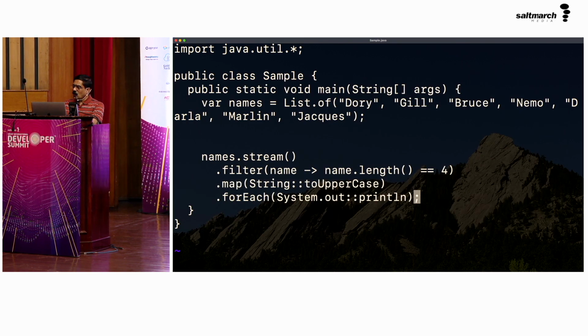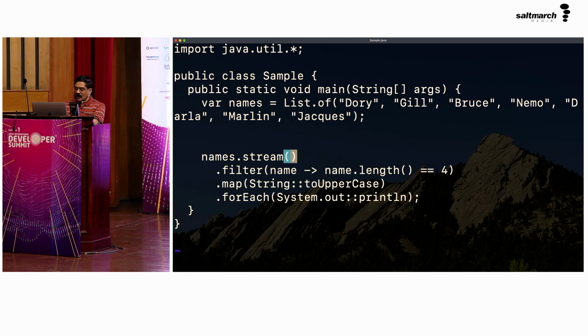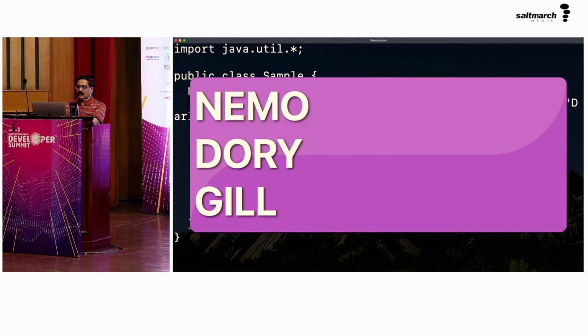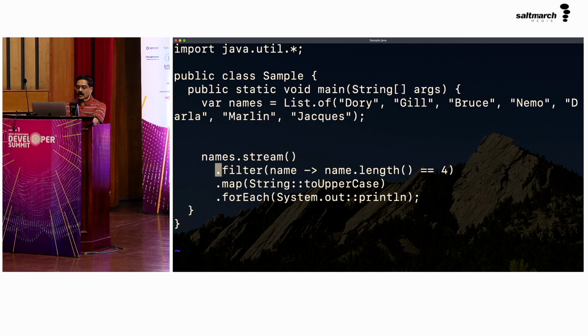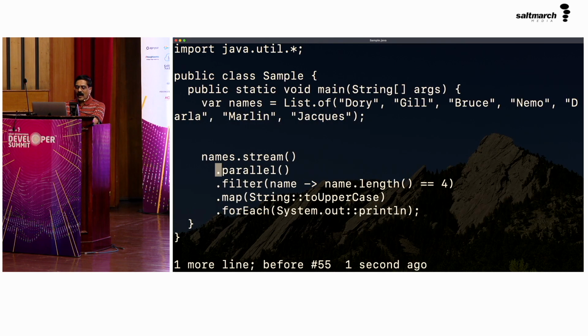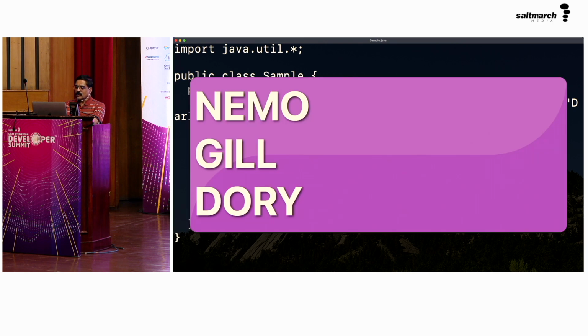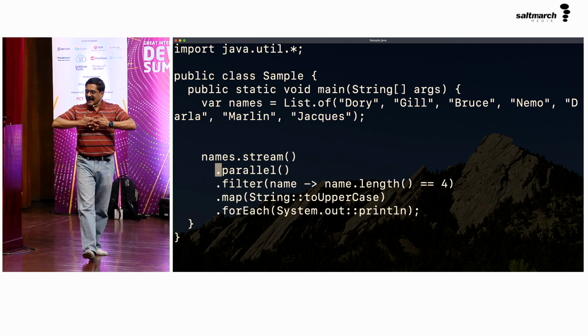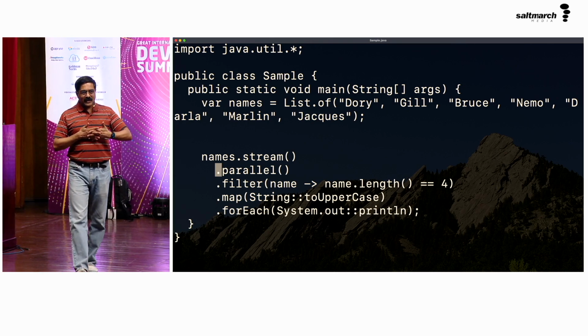But you say, no, I want to run this in parallel. So what do you do? You take that exact code, you do .parallel, and now you can run that in parallel rather than sequential. So you remove that, it's sequential. You add that one line, it's parallel. So the structure of sequential and parallel code is exactly the same, isn't it?